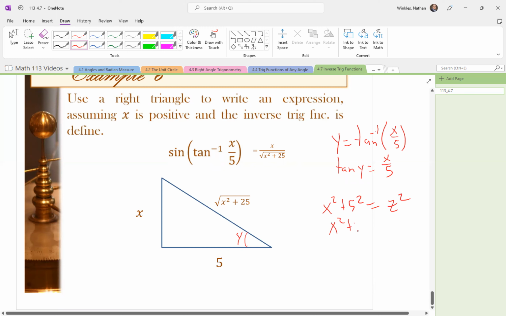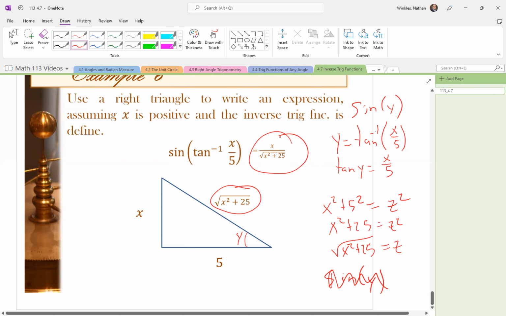So x squared plus 25 equals z squared. z equals the square root of x squared plus 25. Then sine of y is what we're really dealing with way up here, not down there. So sine of y is equal to x over the square root of x squared plus 25, which is what we have here as our answer.